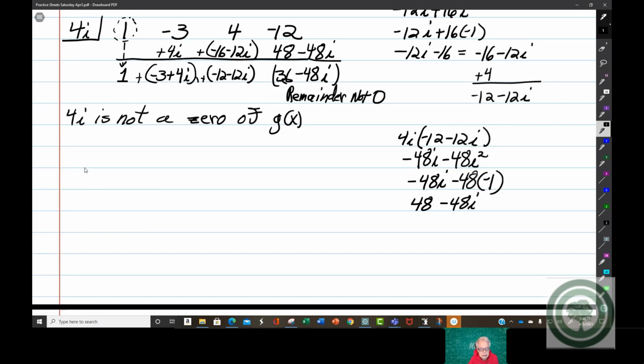The quotient, are you ready? Is 1x squared, plus negative 3 plus 4i x, plus negative 12 minus 12i.